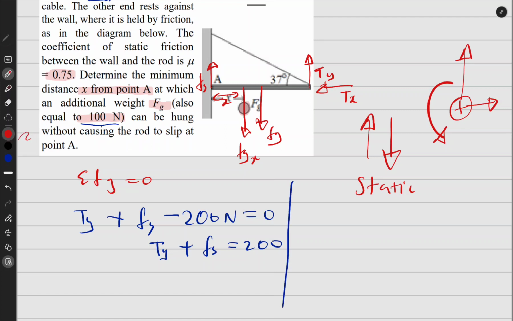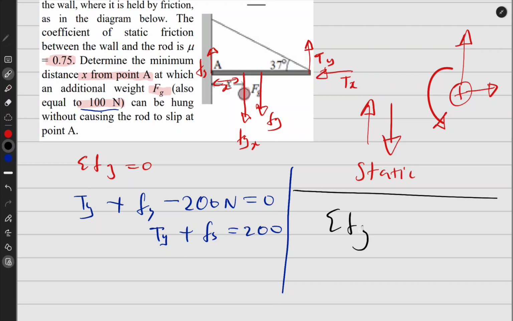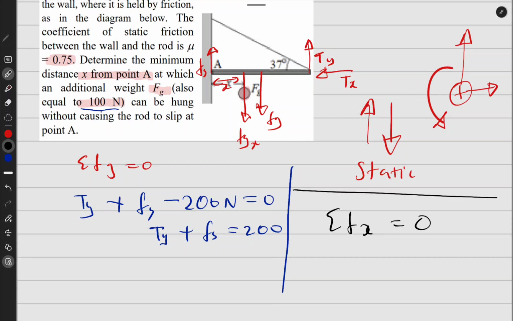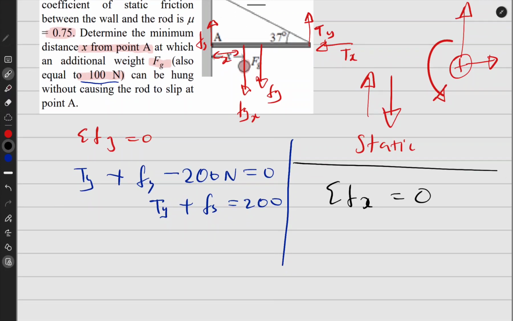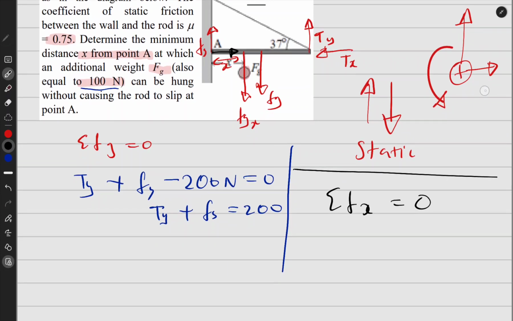Let me do something else on this side. What if I look at the sum of forces along x, which should again equal 0, implying staticness of the structure? Looking at the sum of forces along x, I have the normal force going this way, the reaction from the wall, which is positive according to this.